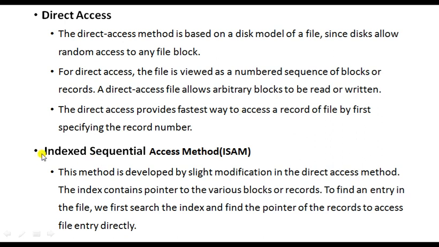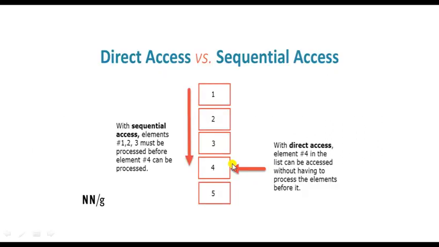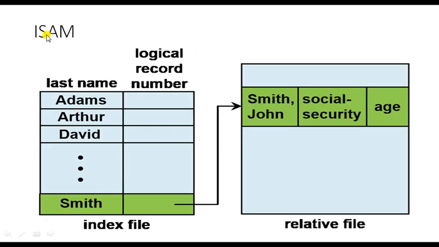Okay. The next one is the indexed sequential access method. We call it ISAM. In the indexed sequential access method, this is the file information. A file consists of different attributes: file name, size of the file, location of the file, and user of the file, information related to the file.